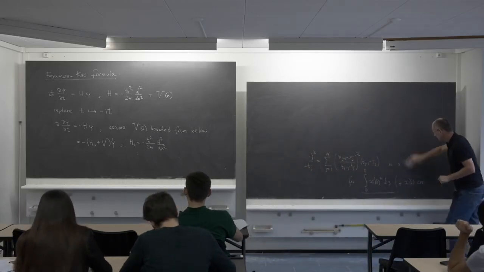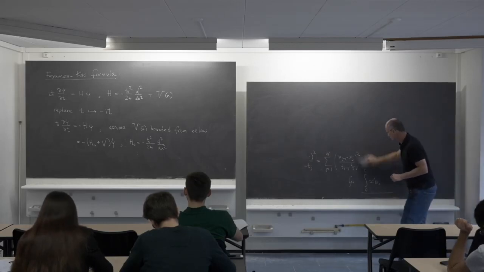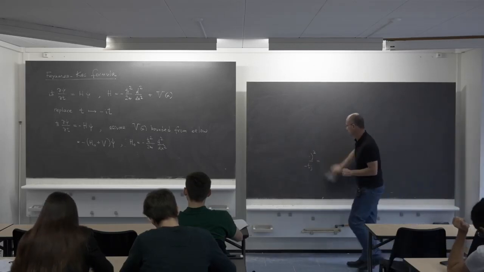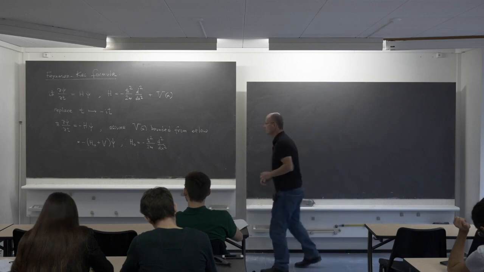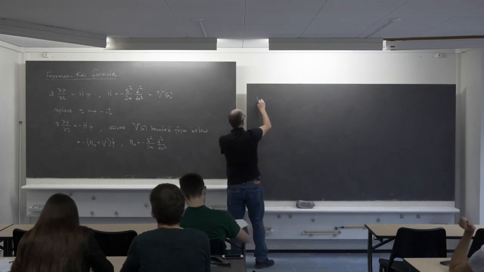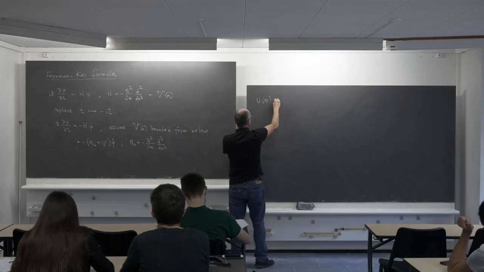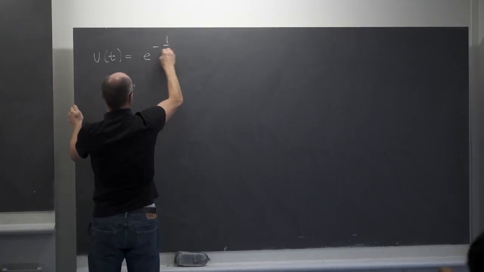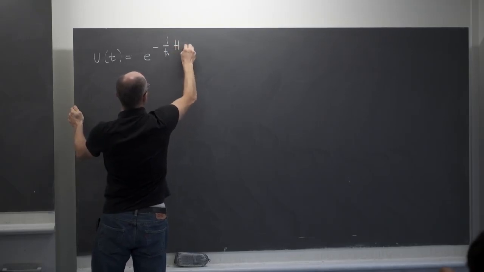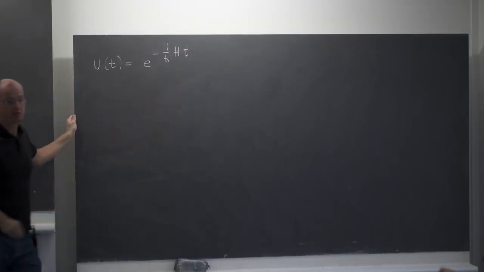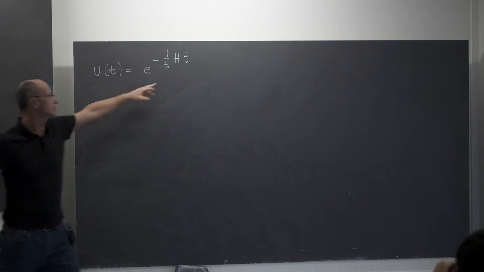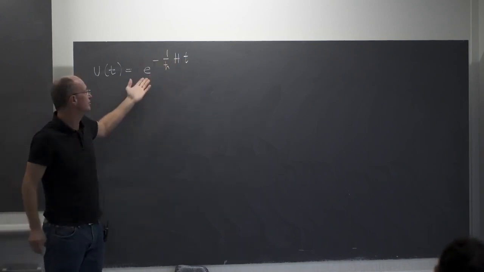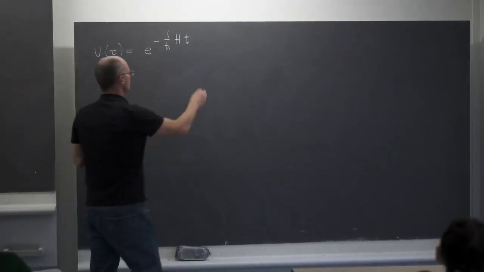So we can get interested in the following question: how to build an evolution for this new operator. So the evolution U of t is now exponential of minus 1 over h bar times capital H times t. Of course, we can also consider such a thing. Why not?